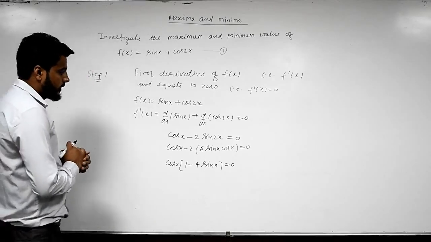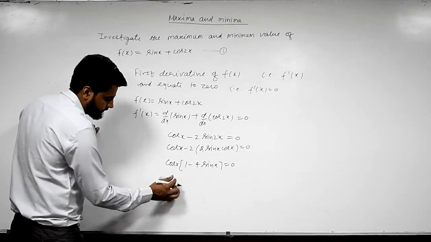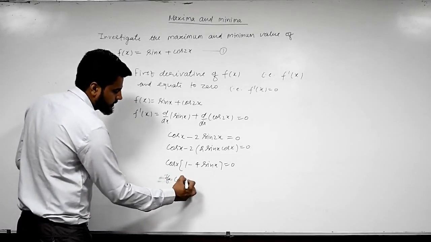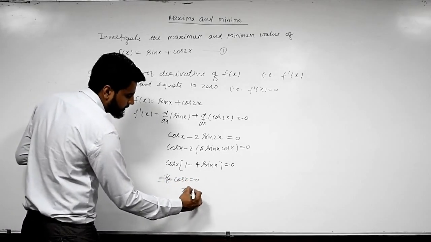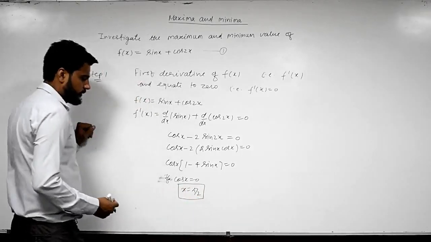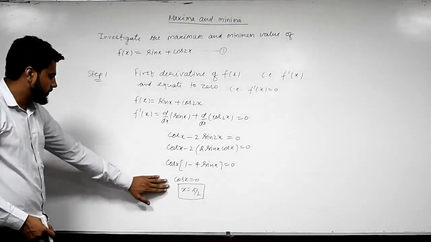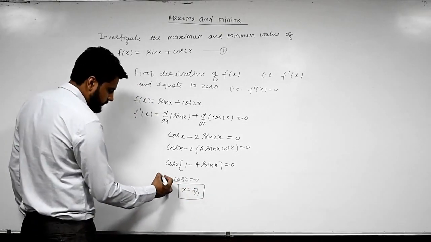Good. So, either cos x = 0, which implies x = pi by 2. Everybody knows the value of x for which cos is 0 is pi by 2.